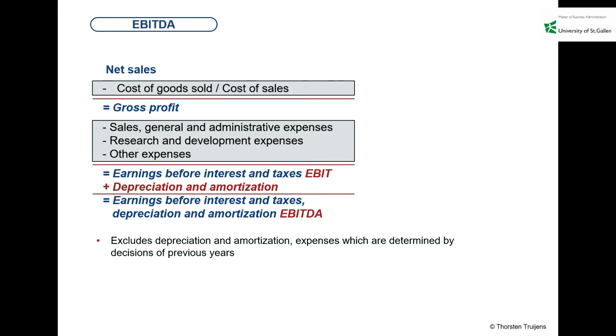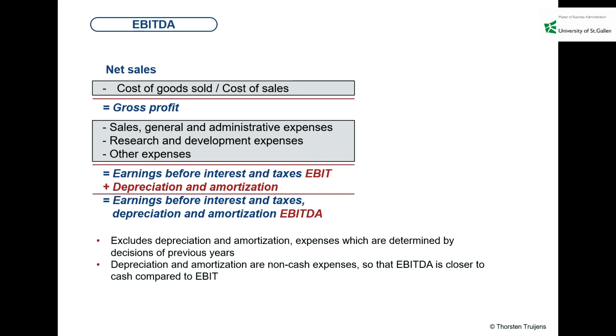Now come back to our rule of management by objectives. I only would like to measure you against things you can influence. The depreciation is something you cannot influence. And then the logical step is that you actually exclude the depreciation and amortization in order to get a finer picture of the line items in the income statement the operating manager can truly influence. The other thing obviously is that as MBA you know that depreciation is non-cash.